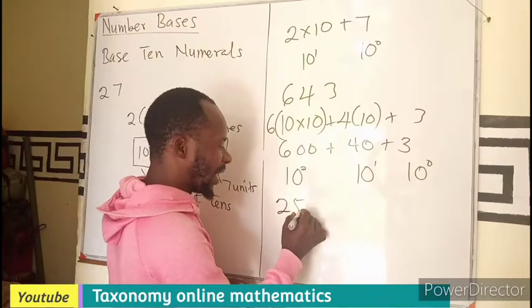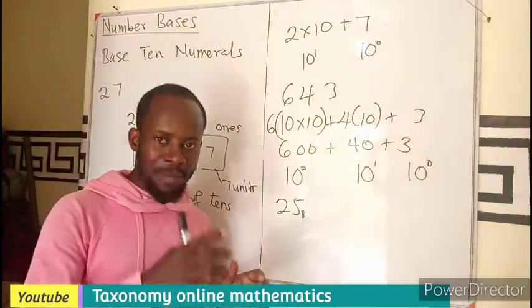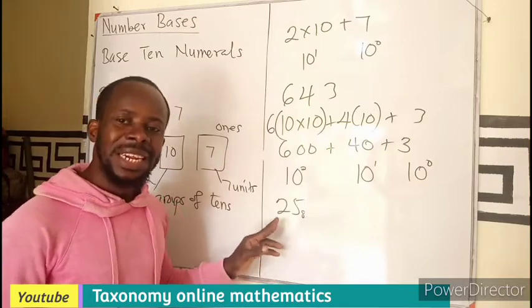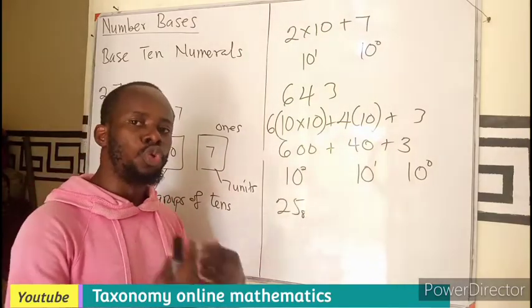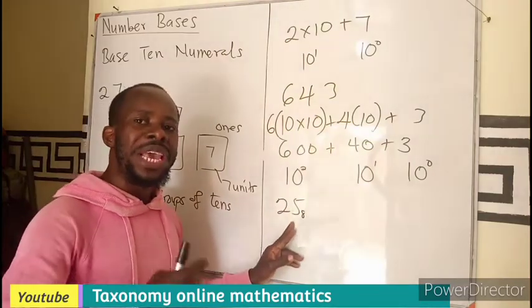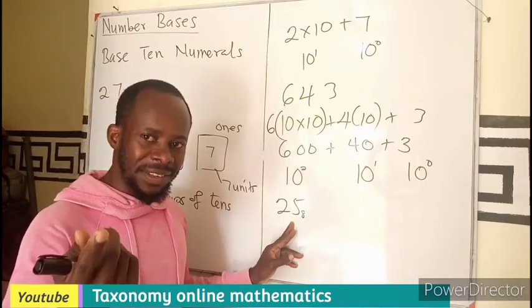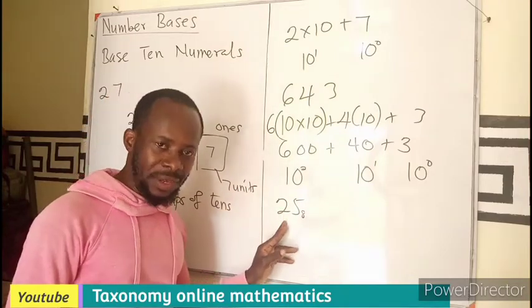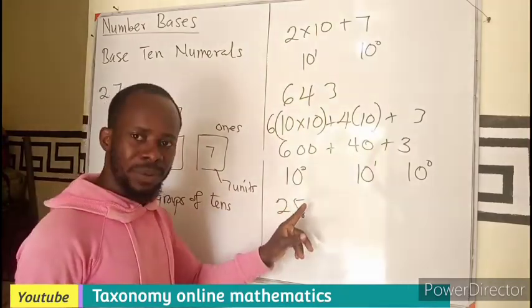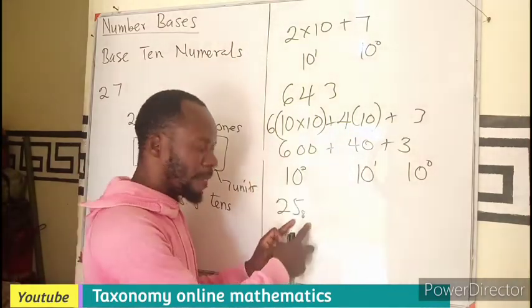So let's say I indicate 8. I am telling anybody seeing this digit that this number is not the usual 25, but rather 25 in base 8. In base 8, what will be the place value? This means that there are 8 groups here.